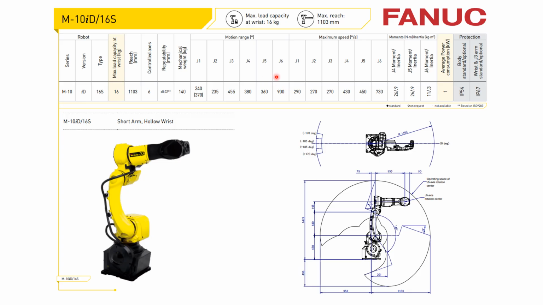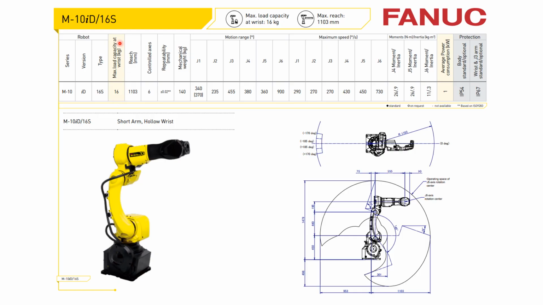So let's check out now. This is one kind of robot, and as we discussed some terminologies, let's try to find them over here. Here are some basic things like series, version, and type. Now see the maximum load capacity at rest. That is what we discussed, given in kg, and it is highlighted also.